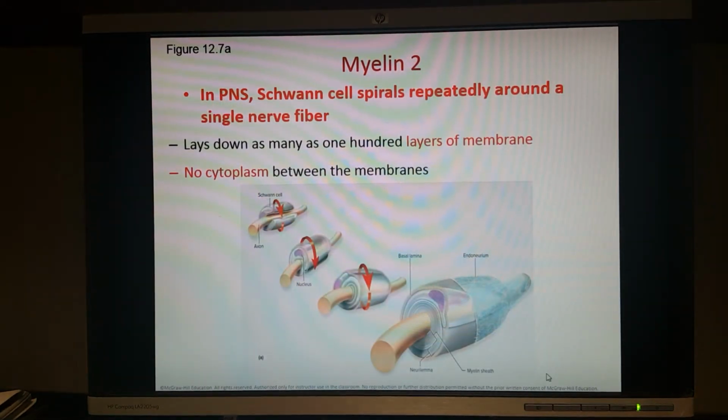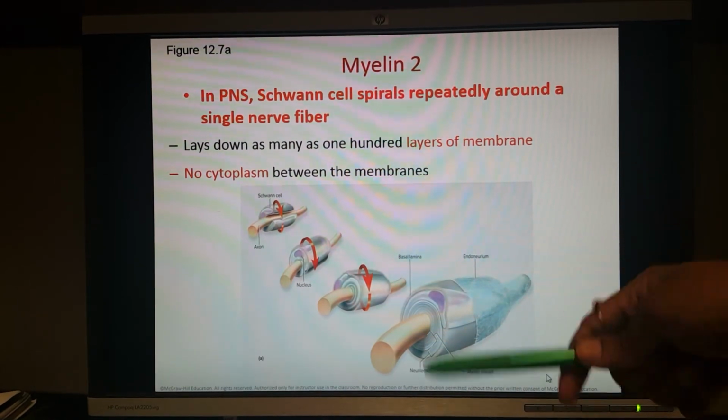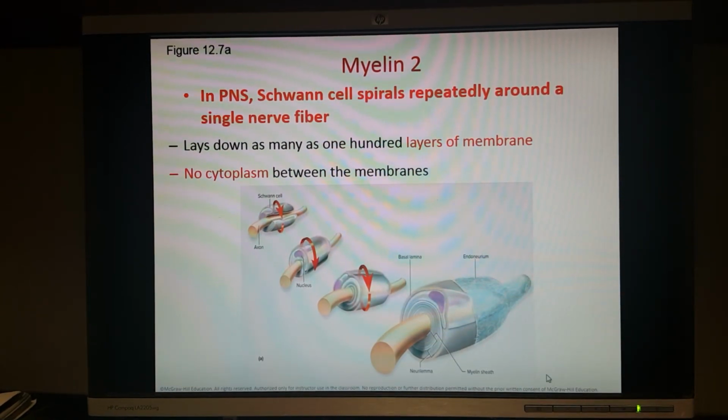For your peripheral nervous system, again, it's the Schwann cell. So instead of having one cell myelinate multiple axons, you have one Schwann cell myelinating one axon. So it just makes one wrap around your axon.